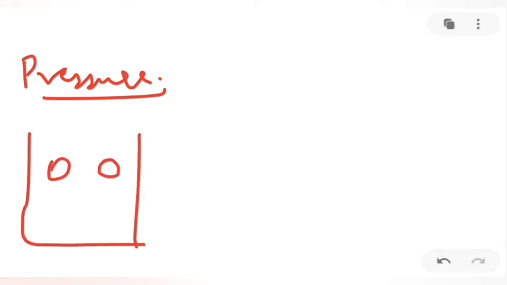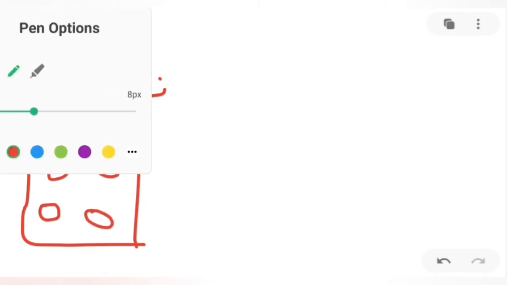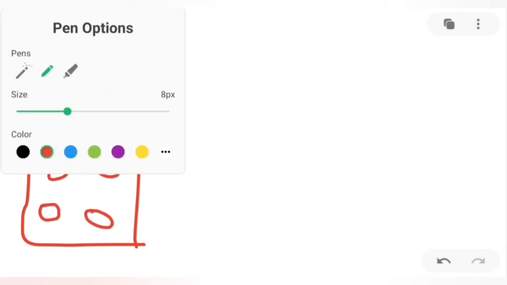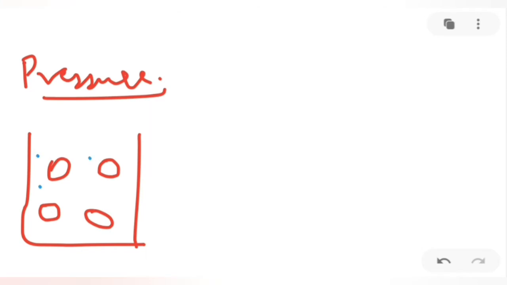Now moving on to the pressure. See, suppose you have a gas in a container, and we already know that the particles of gas are very far apart from each other, and there is so much space left between the particles. This is the space which is being left between the particles. So now what will happen?